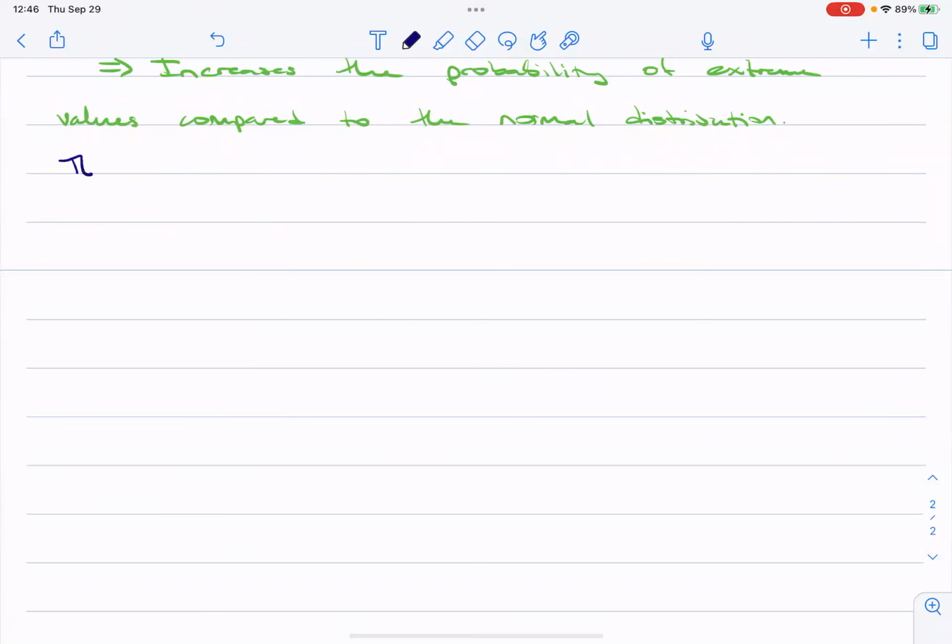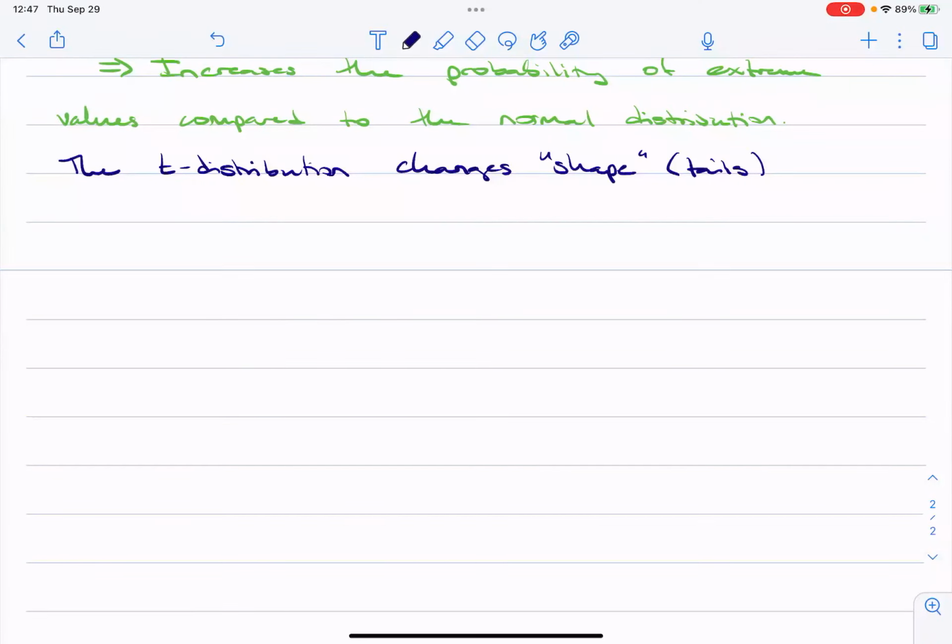But the t-distribution changes, I think of it as changing shape, right? If it kind of lifts in the tails or not. So the t-distribution changes, I'll kind of say shape, which I really mean the tails, depending on the sample size.